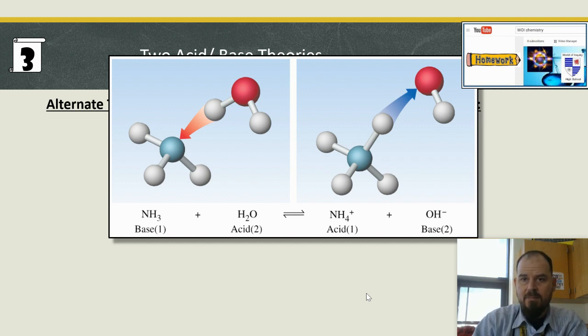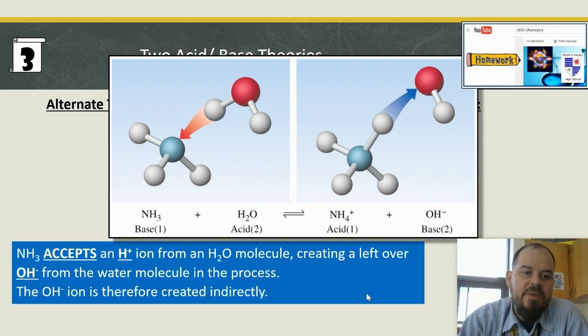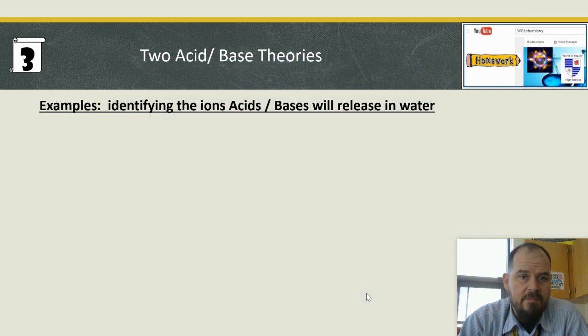So it makes it indirectly by scooping up the H off of the water. NH3 accepts an H plus ion from the H2O molecule, creating a leftover OH. Therefore, it is created indirectly. So we had to change the theory. So now we call it a hydrogen acceptor, an H plus acceptor.